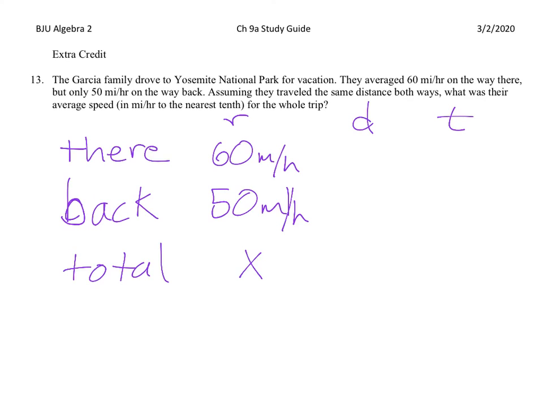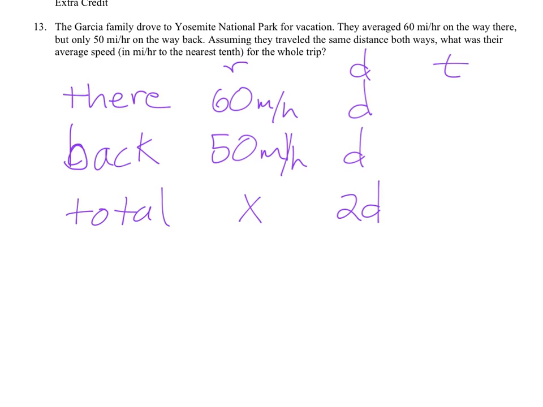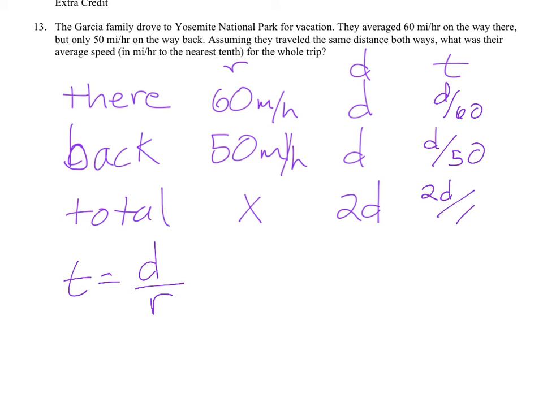We know that the distance is the same both ways. So one-way distance is d, and the round trip is 2d. We know that time is equal to distance over rate. So time is d over 60, d over 50, 2d over x.